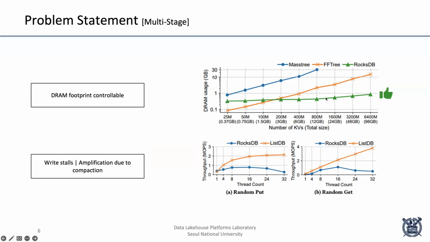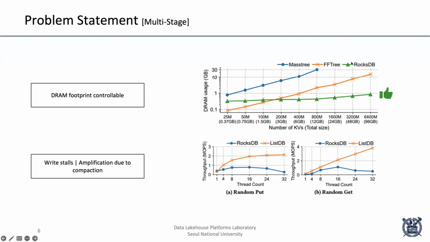For multi-stage indexes, they are mostly DRAM friendly, and to confirm that, they measure the memory footprint of RocksDB at different data volumes. And we can see that the consumption is consistent at 1 GB, primarily because the memtable size is 1 GB. So leading to an observation that multi-stage indexing can decouple the memory footprint from the data volume.